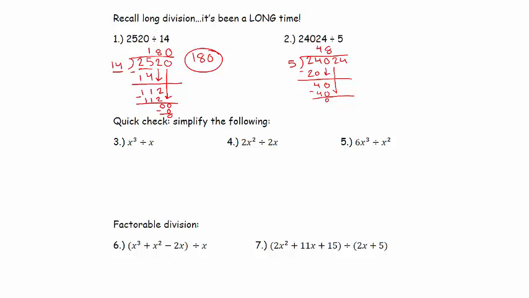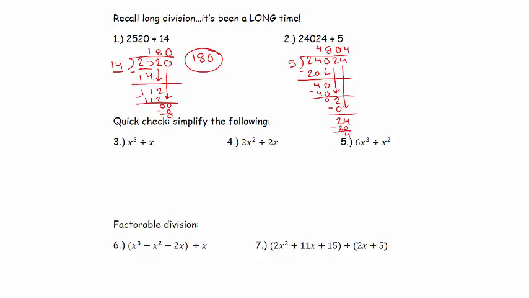So then you bring down a 2. And you ask yourself, how many times does 5 go into 2? Well, it doesn't. So 0 times 5 is 0. Subtract, and then you bring down the 4. 5 goes into 24 4 times. 4 times 5 is 20.